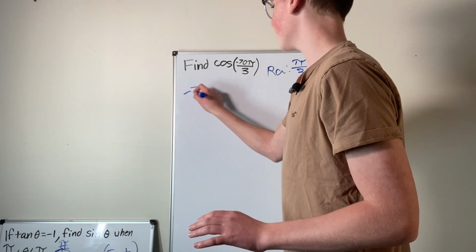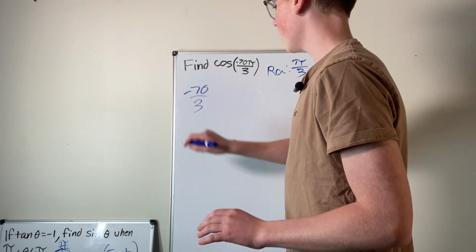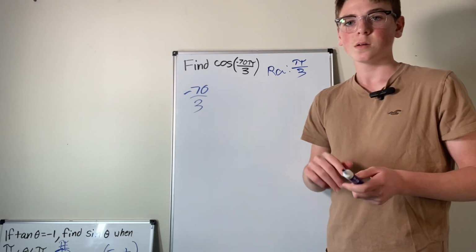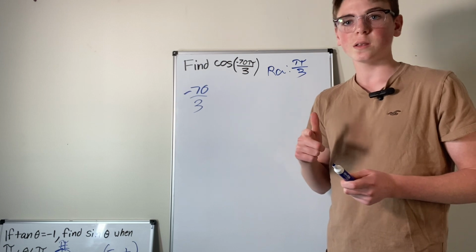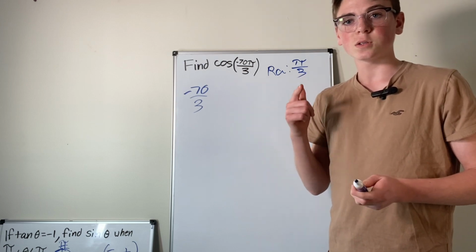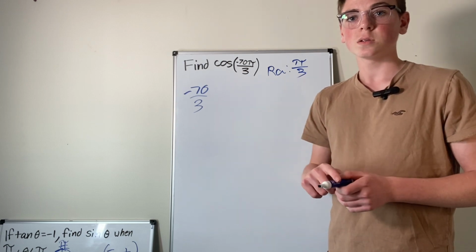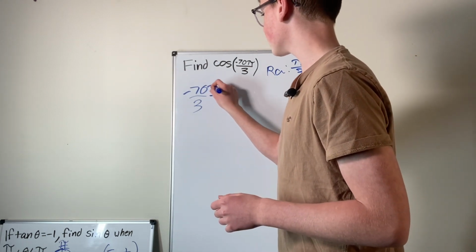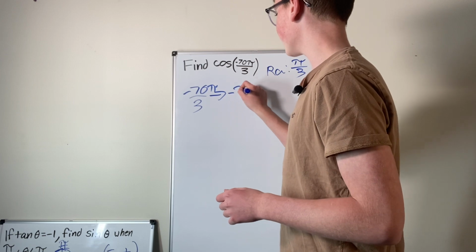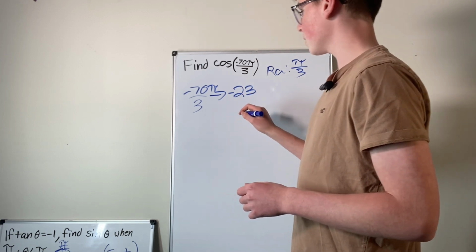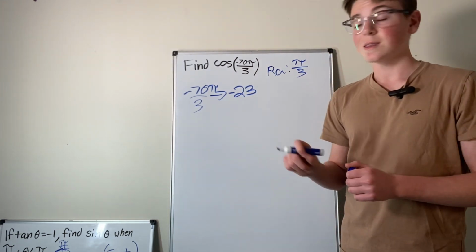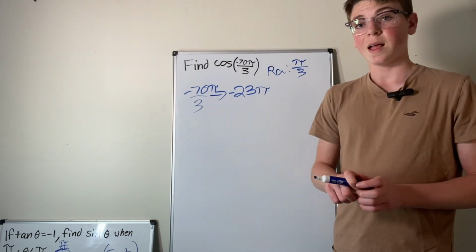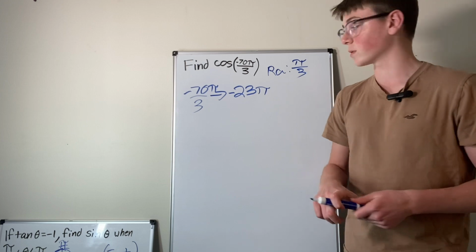So -70 over 3. I know I can take 23 threes out of that because 20 threes is 60. 21 is 63. 22 is 66. And 23 is 69. So we can take 23. This is a pi. This will be a -23, which will be, we're taking -69 pi's out of this -70 pi over 3.